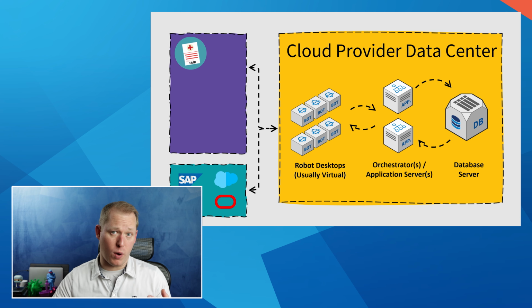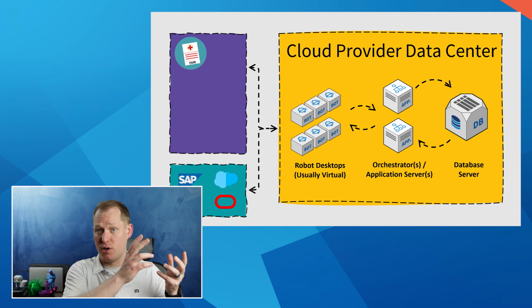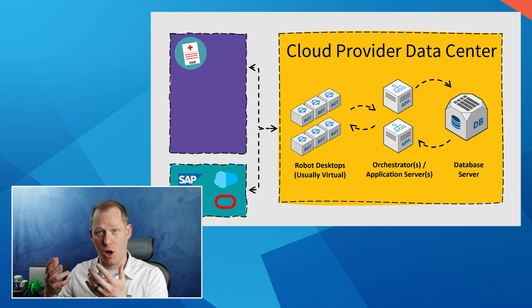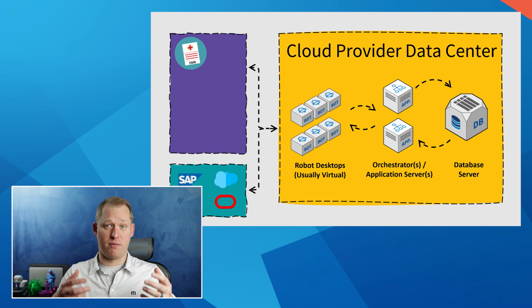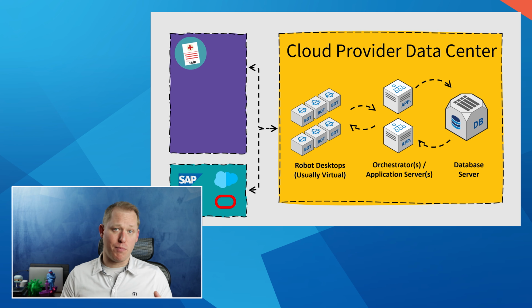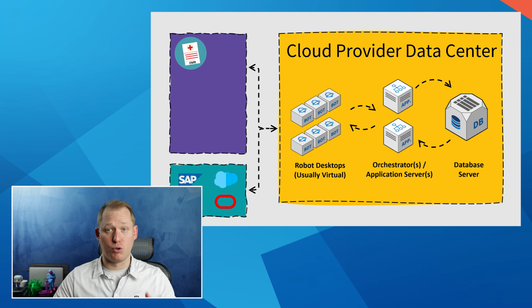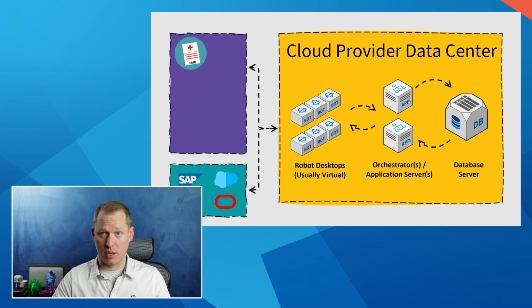The most straightforward way to do that is by getting all the RPA components over into one data center. This could be done by having all the components on premise, or more in the spirit of this video series, putting all the components out in your cloud provider. You could also do something like the Blue Prism Cloud approach, or similarly by using an RPA as a service provider.